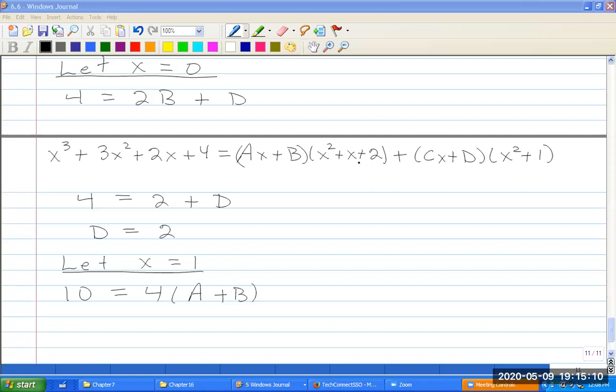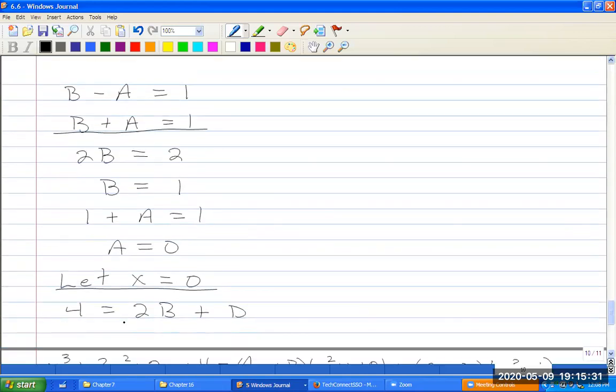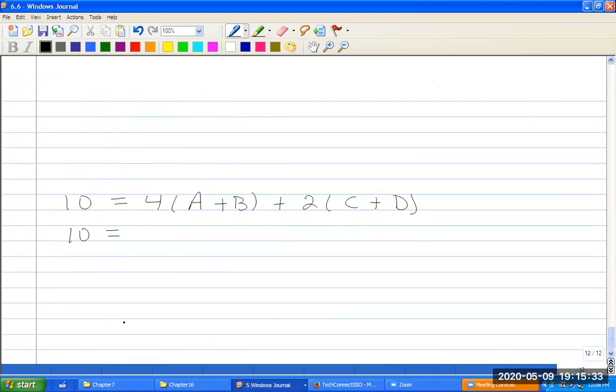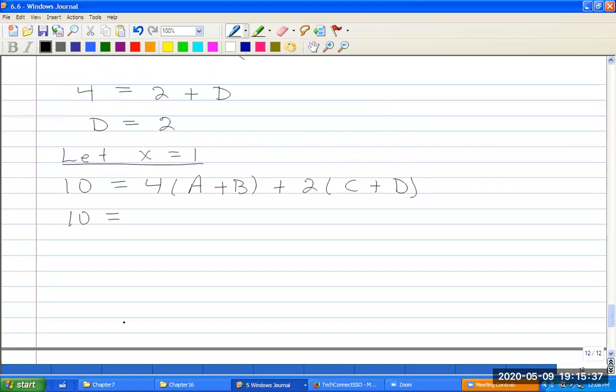A 1 plus, that's 4, and that's a 1 plus 1 is 2. C plus D. I have A is 0 and B is 1. So that's equal just to A plus B is just 1.